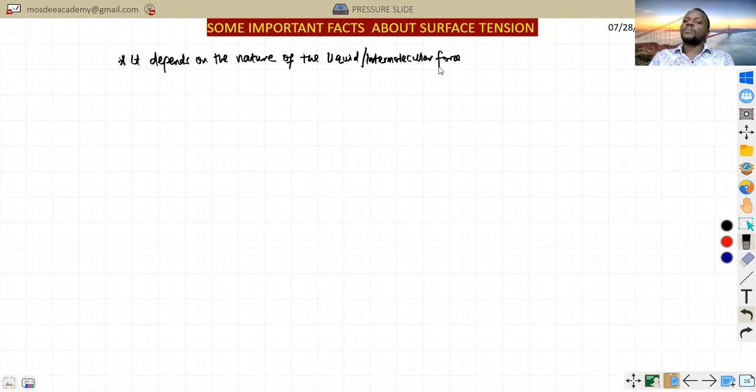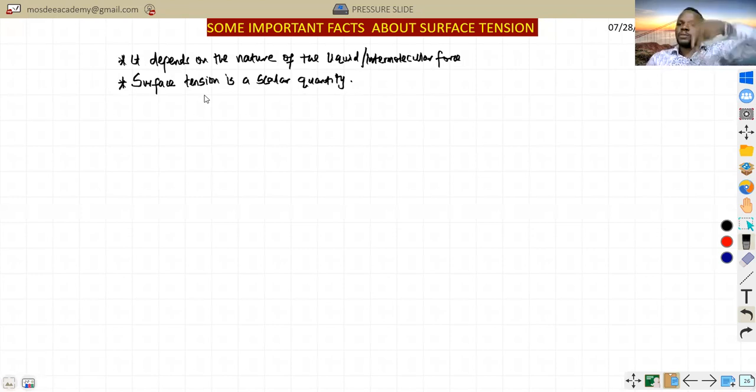Another important fact I think we can put down here to understand the concept very well is about the unit. Surface tension is a scalar quantity. Students should be very careful about that, because it is only the force that acts within a hypothetical line.